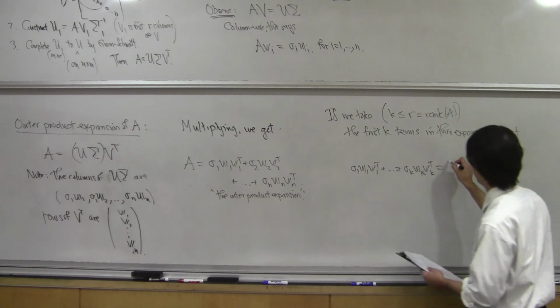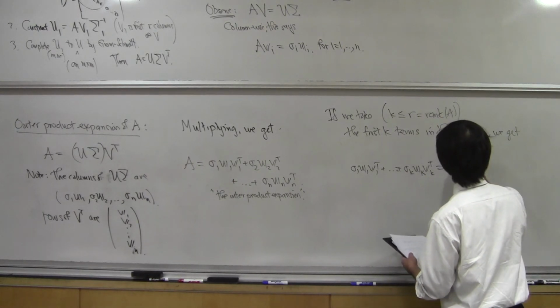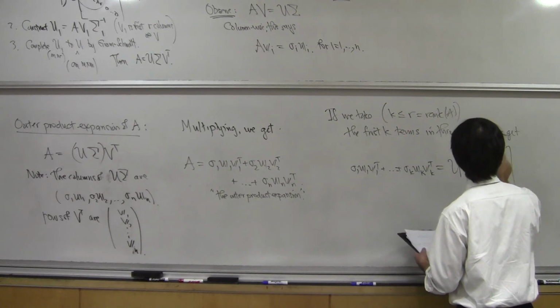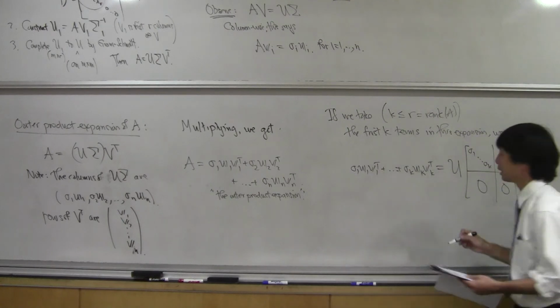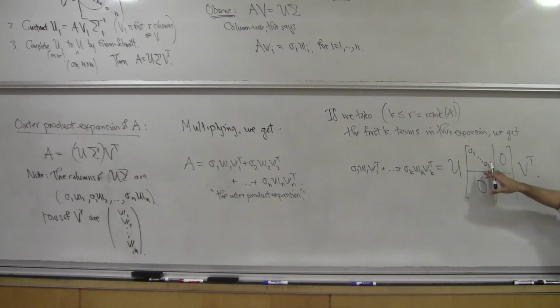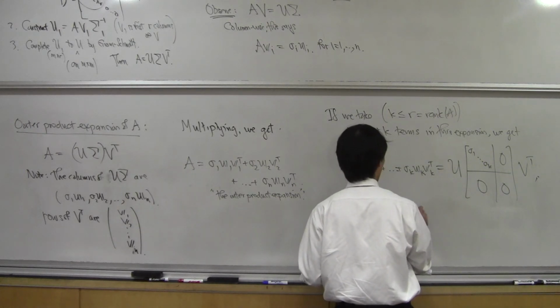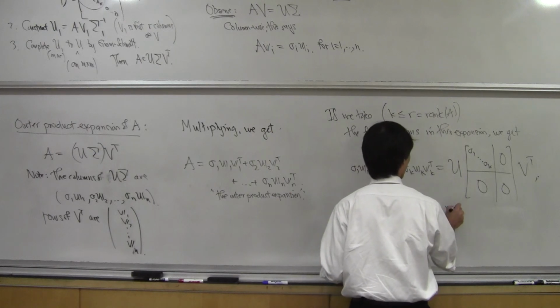But what it turns out to be is U times a sort of truncated version of sigma times V transpose. If you think about it, what's going to happen is you're going to get the singular value decomposition, but with only the first k terms. Only the first k singular values will show up, which is a rank k matrix.